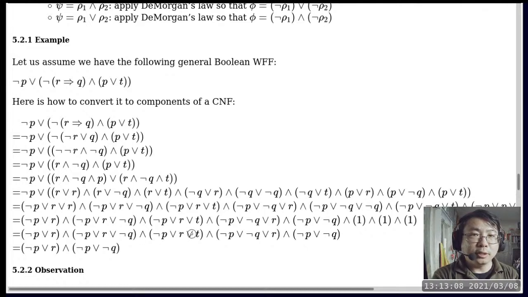That extra thing here, like T, is useless. And for the same reason, since we already have (not P or not Q), if we have anything that is (not P or not Q or something else), like this extra R here, this is also useless. And that's why we can now simplify the entire thing to just (not P or R), the whole thing, and (not P or not Q), the whole thing.